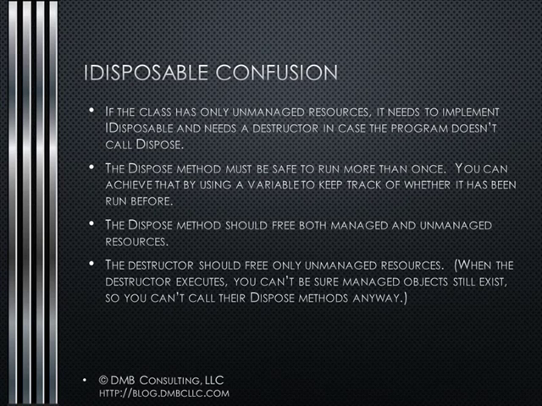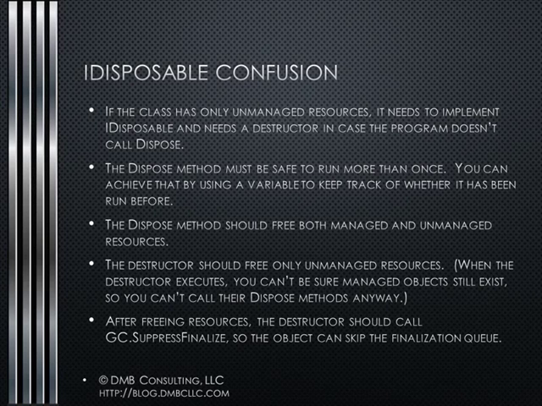The destructor should free only unmanaged resources. When the destructor executes, you can't be sure unmanaged objects still exist, so you can't call their dispose method anyway. After freeing resources, the destructor should call GC.SuppressFinalize so the object can skip the finalization queue.